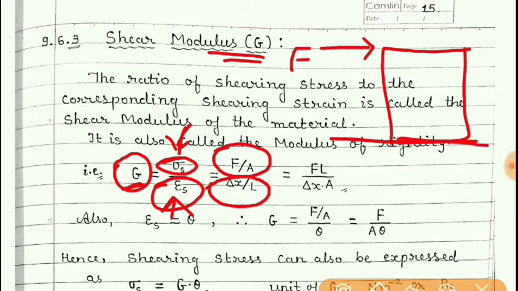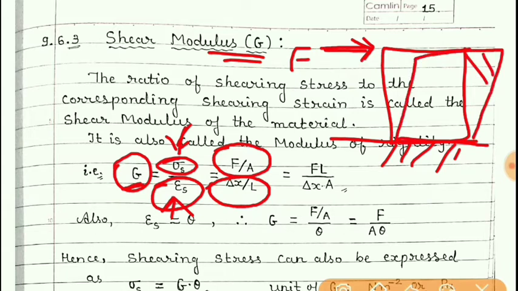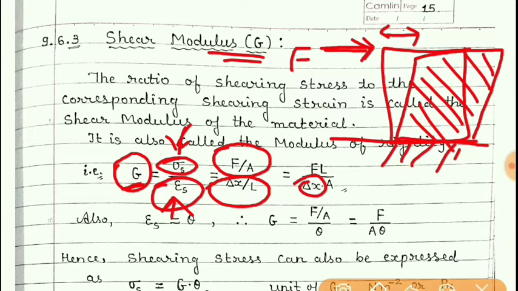If the base is fixed and the force is applied at the top, then this type of change will be there in the body. So this much distance, the shifting of the upper face, is nothing but delta x. And this cross sectional area is the area at which the force is applied.